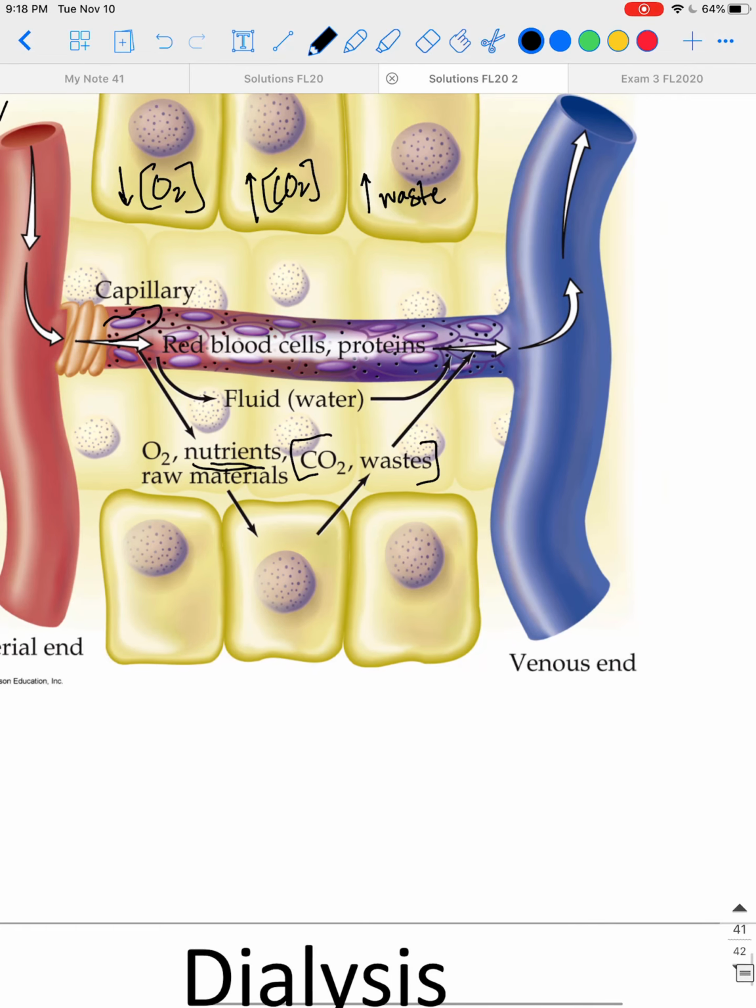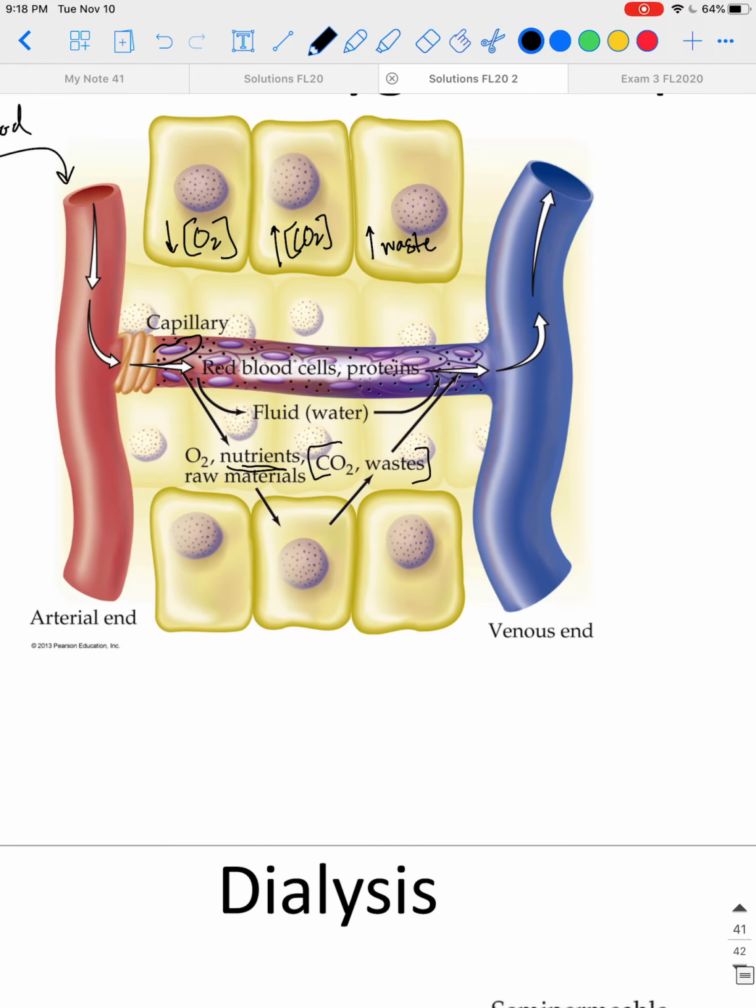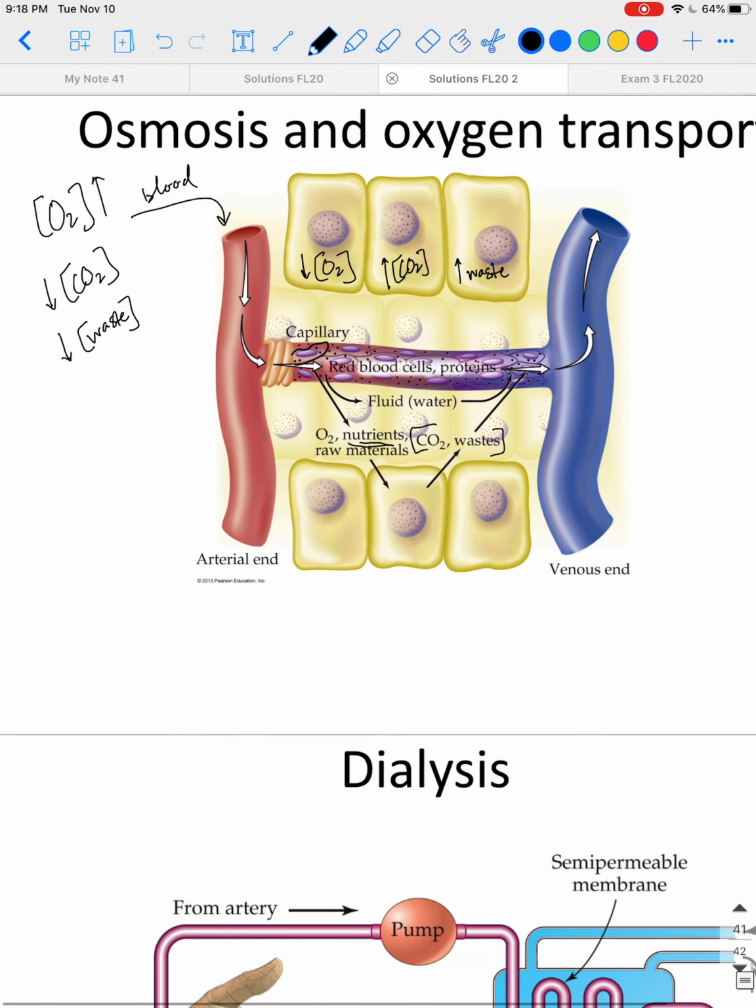And then from those capillaries, they're going to travel back to our larger veins and eventually back to our lungs, where we will get rid of those things. So again, this is all concentration based.